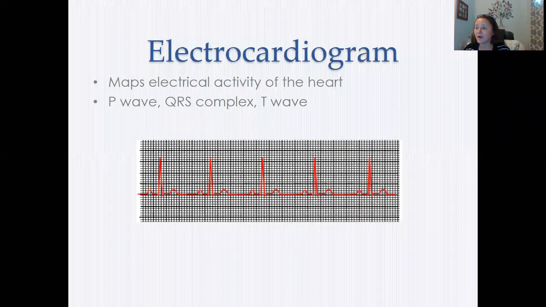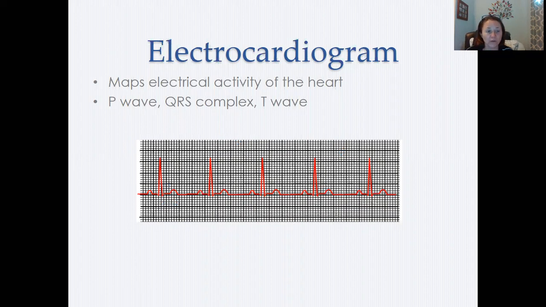All right, so now we've got the EKG in place. So what are we going to do with it? We are going to read it. So we're going to talk about learning to read the EKG. Every part of the EKG, or electrocardiogram, has its own name. Each little piece that you see here has its own name that we're going to be calling it.